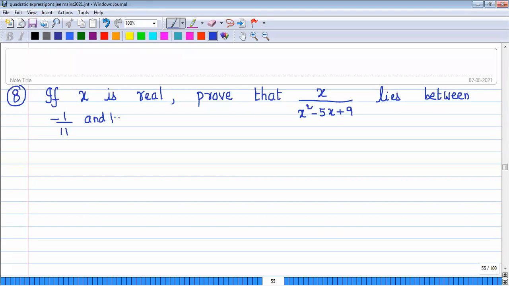That means the range of the function is minus 1 upon 11 comma 1. That we need to prove.